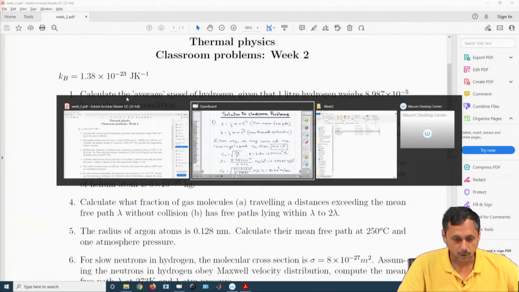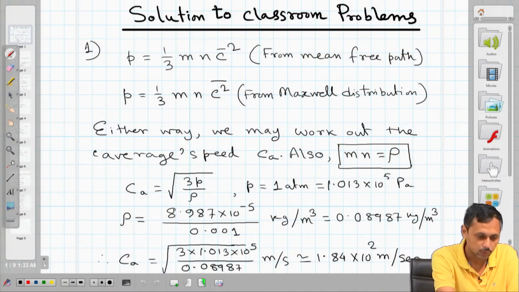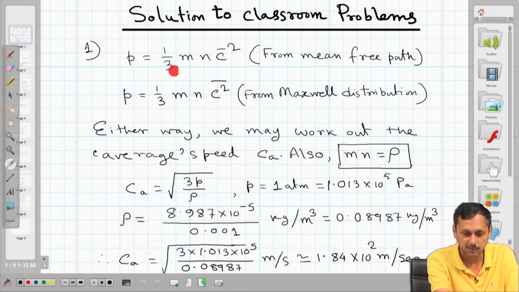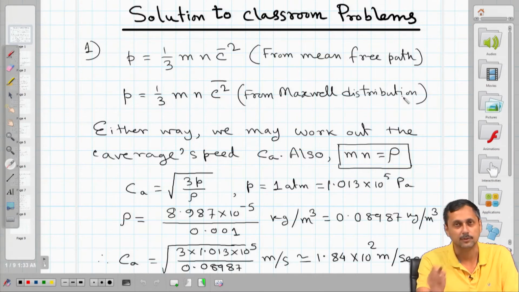Now, in order to solve this problem, we note that we have these two pressure expressions. P is equal to 1/3 mn c bar square, which is from the mean free path concept, and P is equal to 1/3 mn c square bar from Maxwell's distribution.